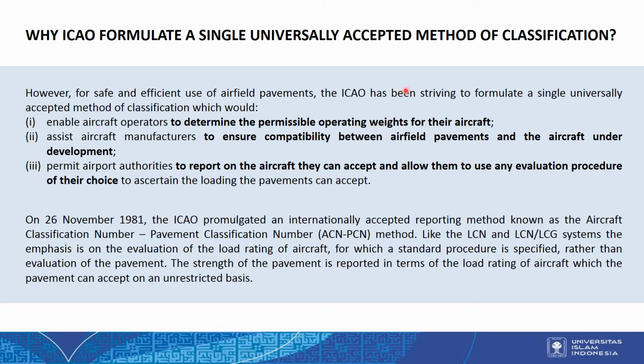The ICAO ACN-PCN method will first enable aircraft operators to determine the permissible operating weight for their aircraft. The second is to assist aircraft manufacturers to ensure compatibility between airfield pavement and the aircraft under development. And the last is to permit airport authorities to report on the aircraft they can accept and allow them to use an evaluation procedure of their choice.